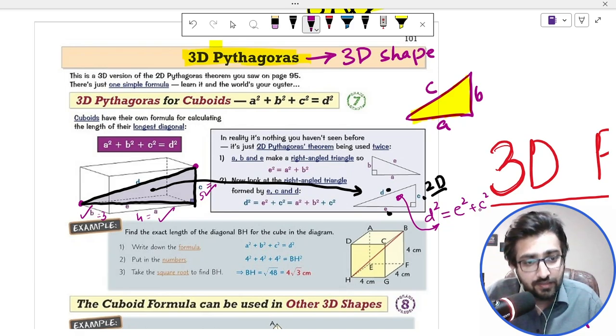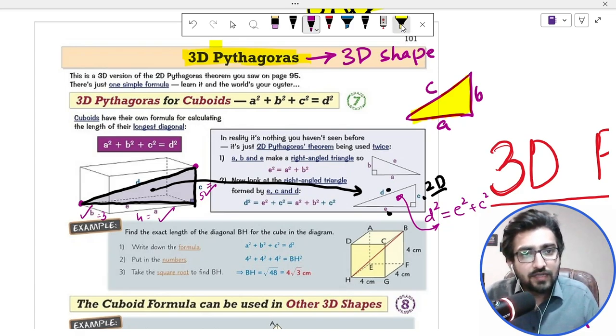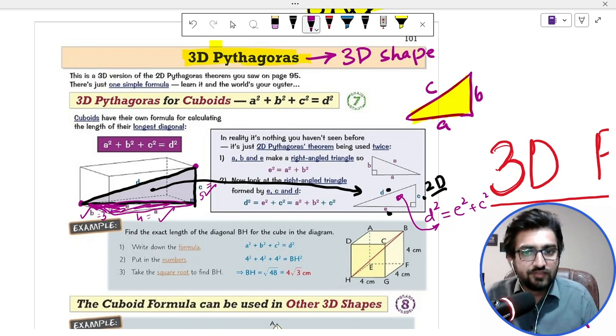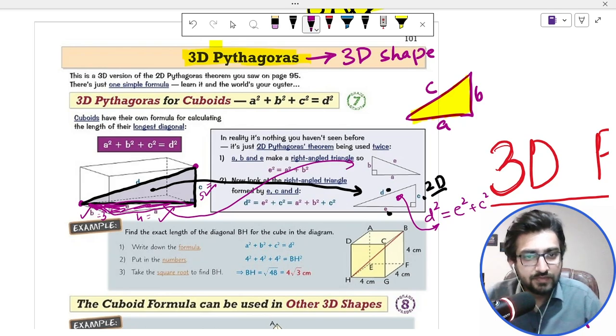We need to find E first. For that, we can consider this triangle which is on the bottom. I will take that and draw it here.